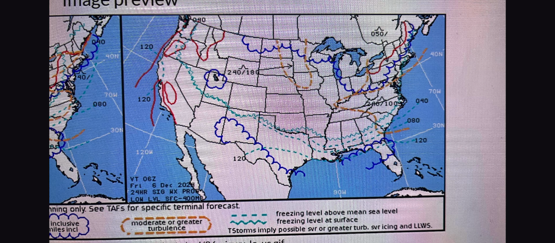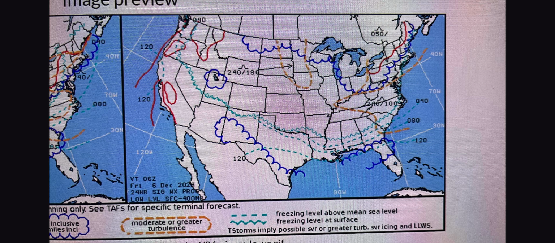As far as the freezing levels go, it's kind of a mixture at the mean sea level and at the surface. Starting up in Washington, sweeping down past California through Nevada, touching the top of Texas, and going over to the very East Coast, just the very bottom part of the United States, there's a mixture of both of them.